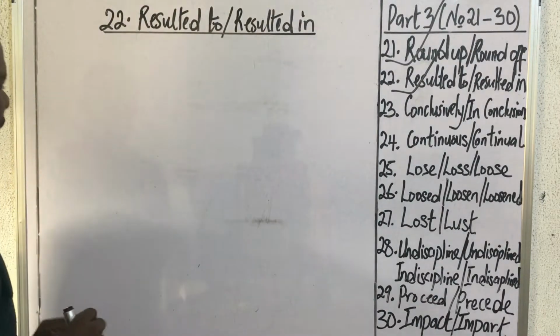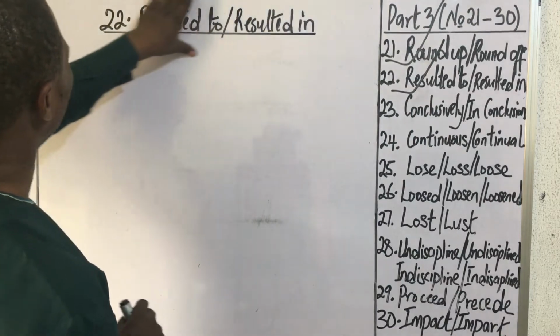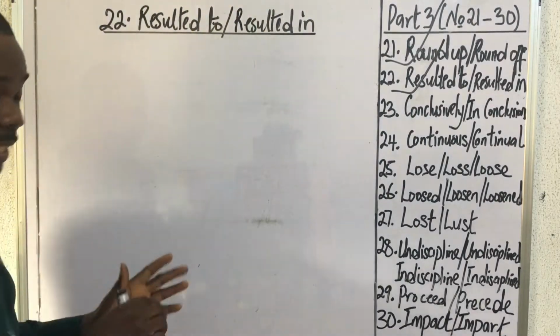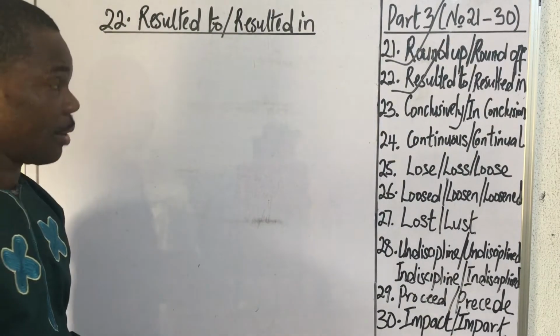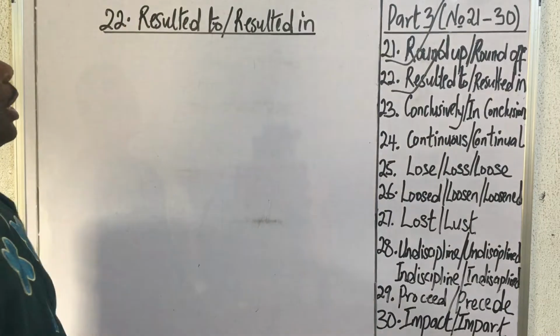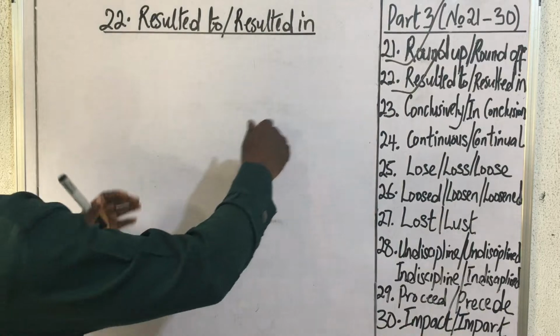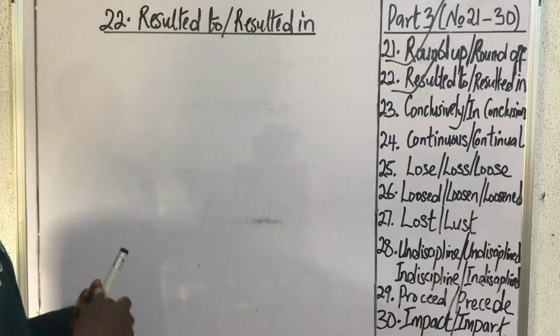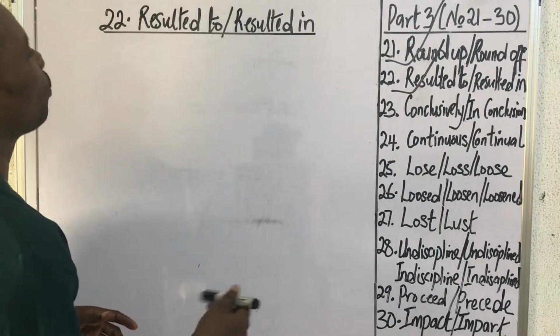But what we should ask ourselves is, do these phrasal verbs actually exist? Out of these two phrases, it's only one that is correct. You cannot just attach a preposition to a verb because you feel it will say what you want to say.